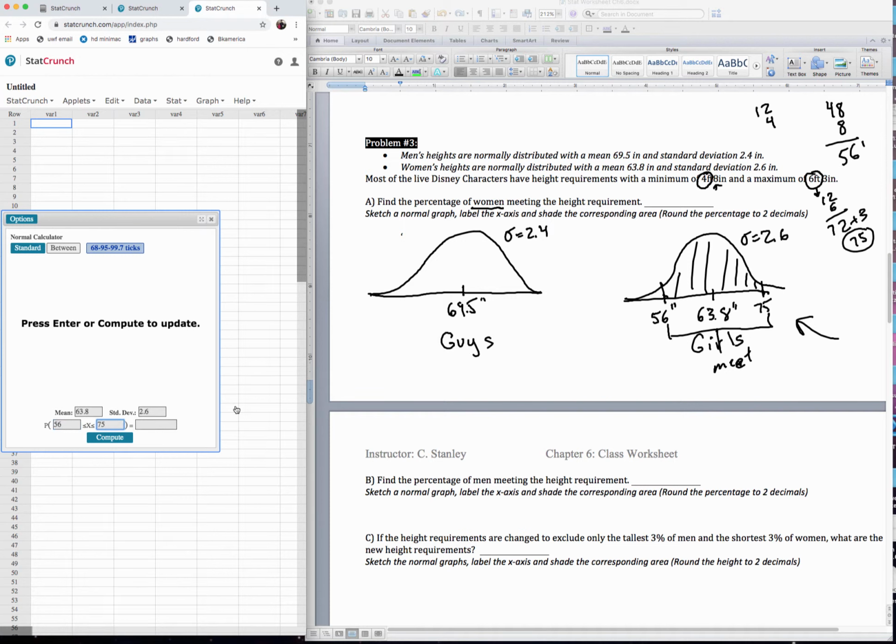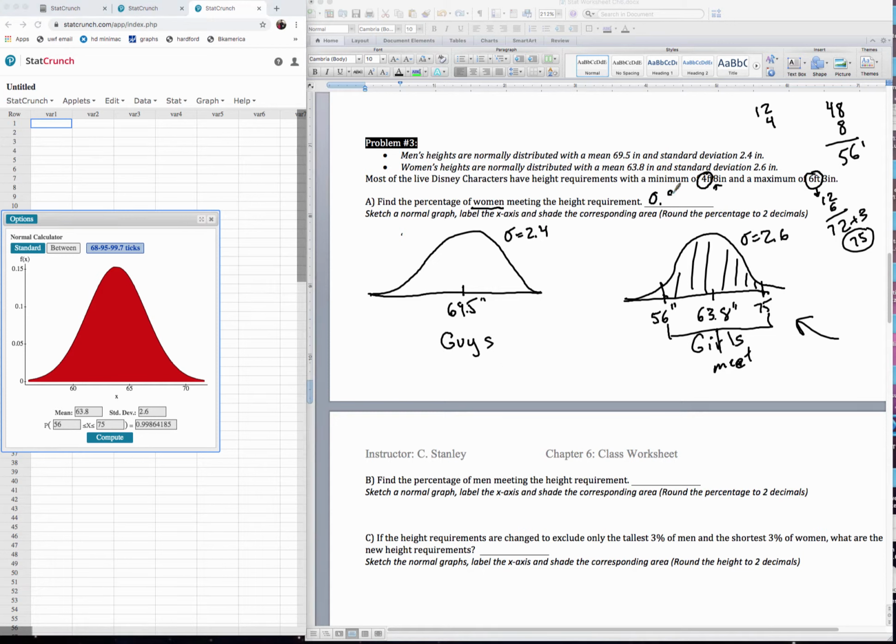It's going to be pretty much everybody, but 0.998. I don't know how you round that to 2 decimals, but I'm going to go to 4. Okay, so that's how you do that one.